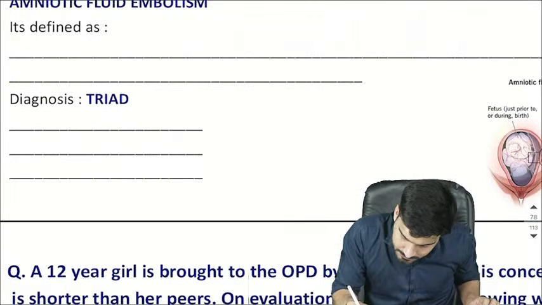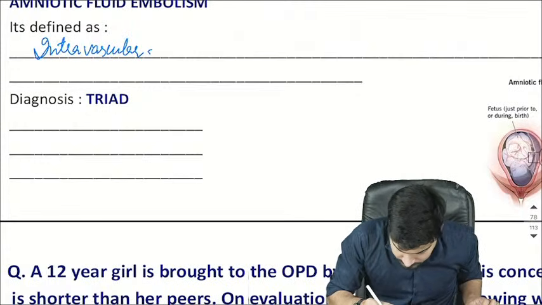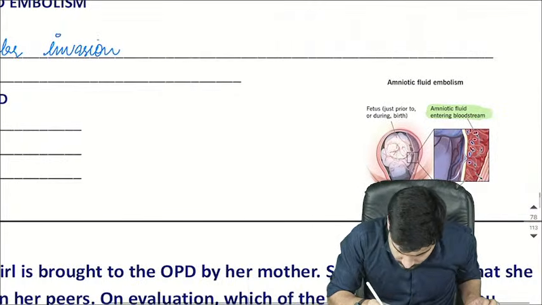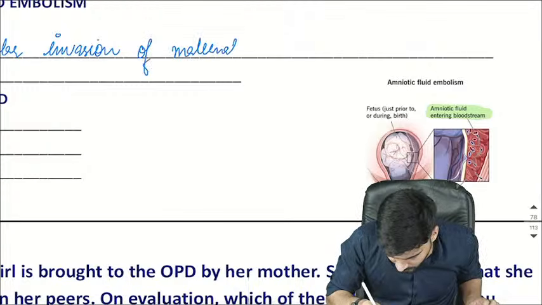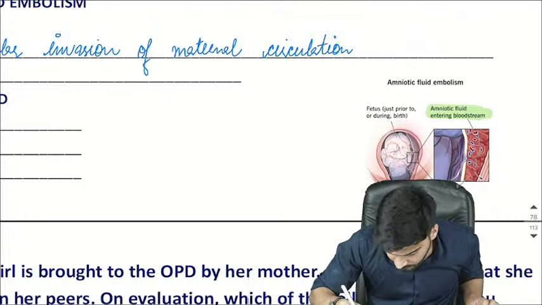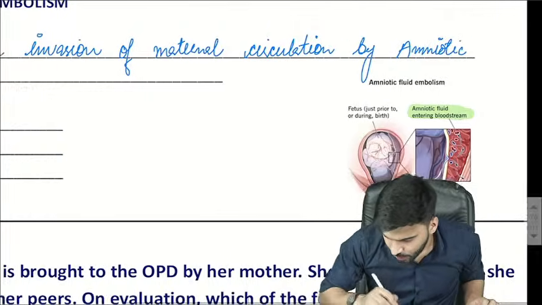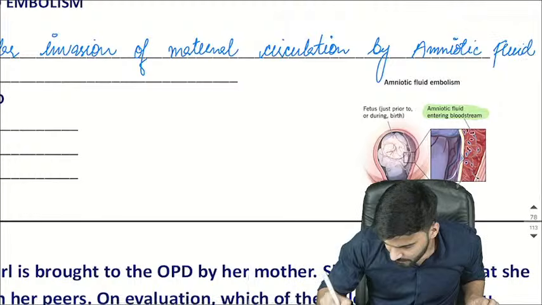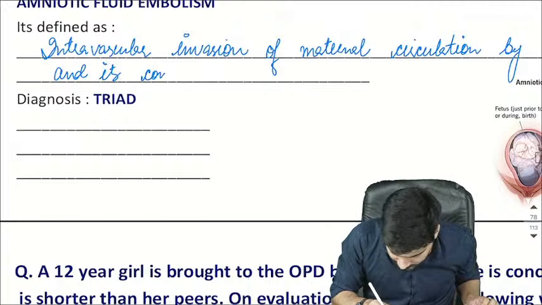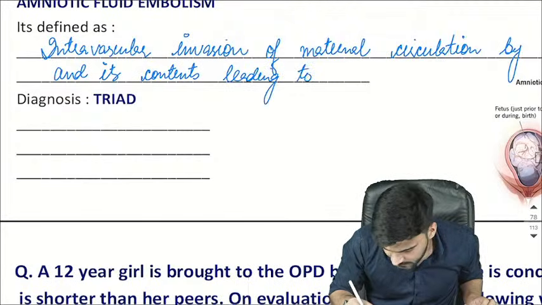So it's defined as intravascular invasion of maternal circulation by amniotic fluid and its contents, leading to DIC.